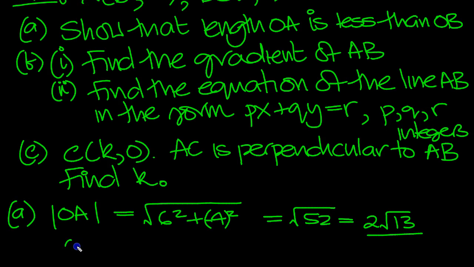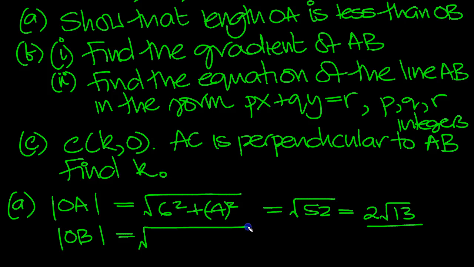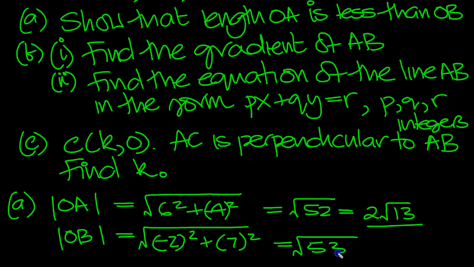Now OB. Same again in terms of the method. Minus 2, 7 is the square root of minus 2 squared plus the other length, which is 7 squared. 4 and 49 is the square root of 53.